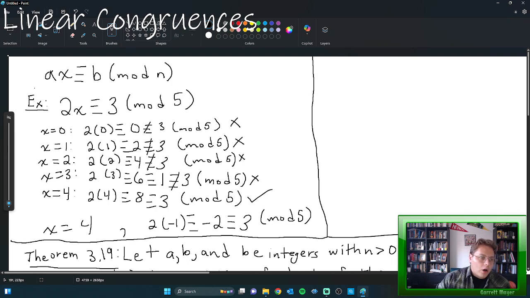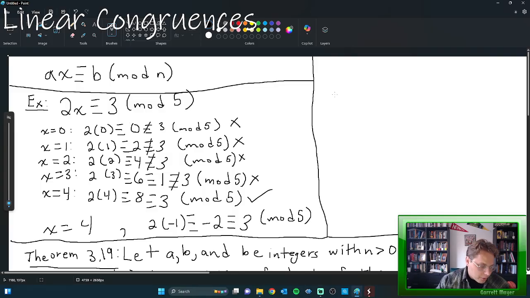Because remember before, all that we had was we just used this guess and checking method. But say, for example, we wanted to solve something like 24x is congruent to 123 mod 213.